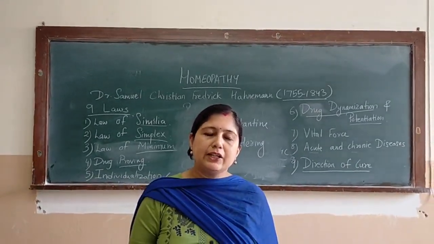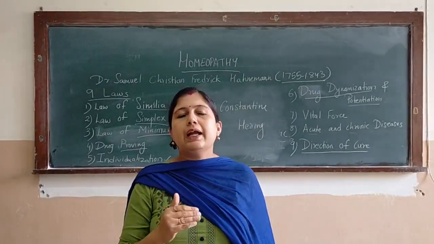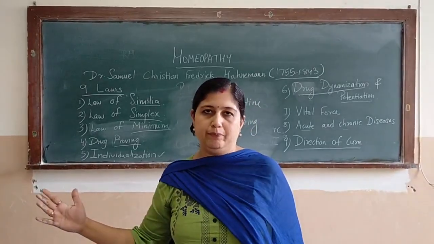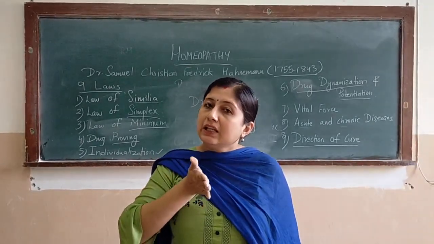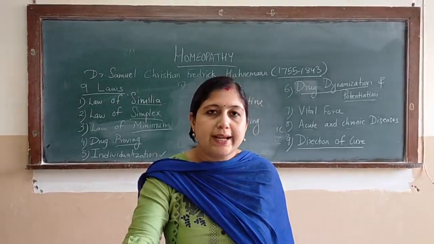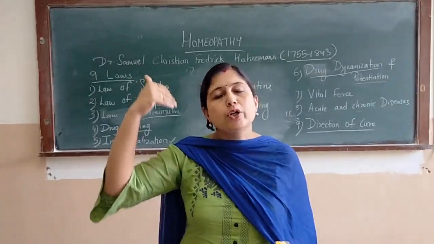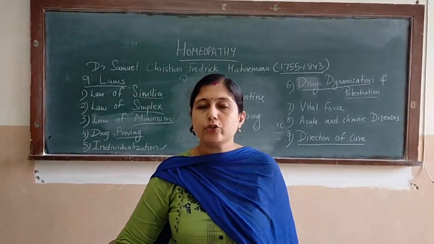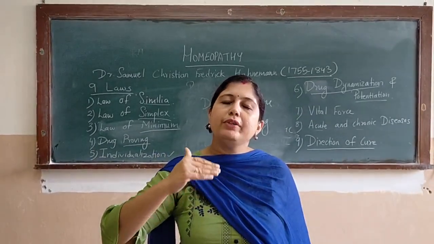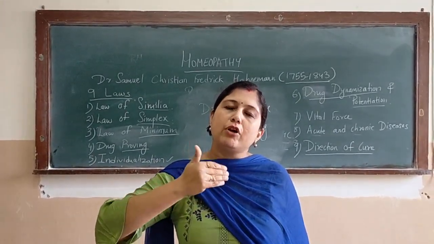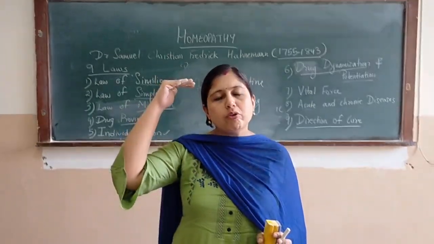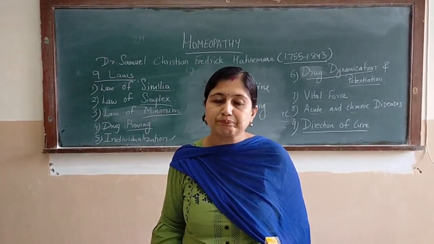Direction of cure means that when a particular disease leaves the body, it moves from inside to outside and from above to downward. Understood? It means that each step of this removal of the disease is from the inside of our body to outside, and from the upper part of our body to downwards.